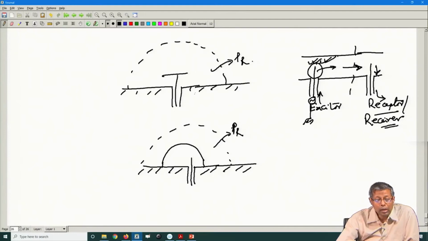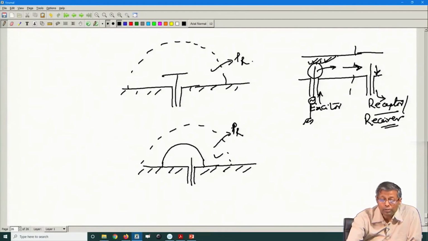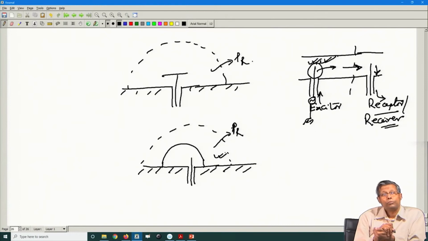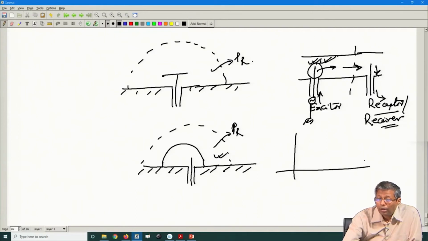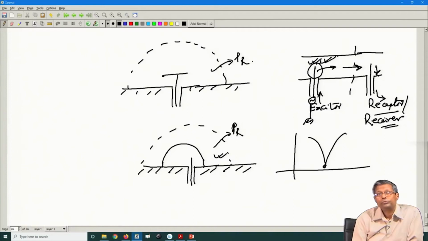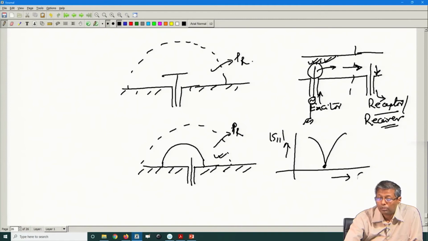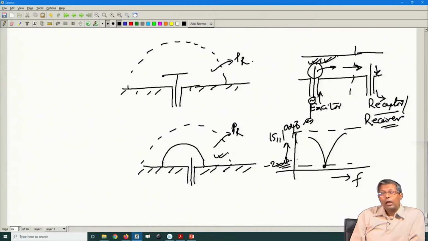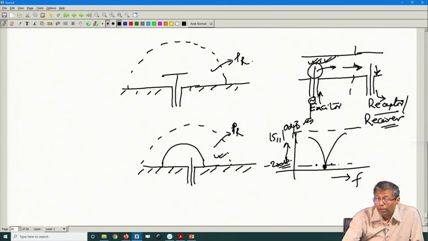In additional cases, for example, as I said, we might have a resonance here, mod S11 versus frequency, and I may be interested to know if there are multiple modes nearby.